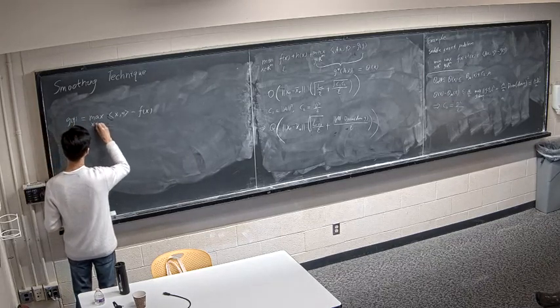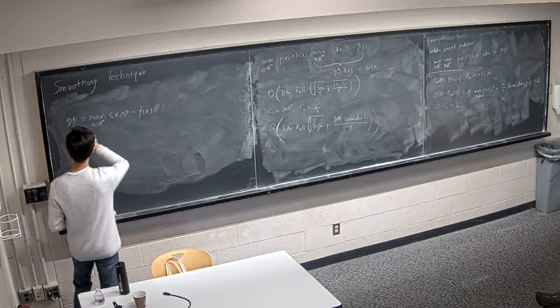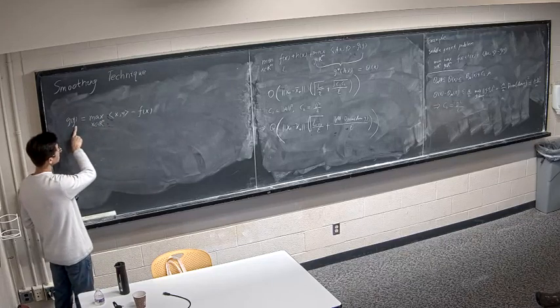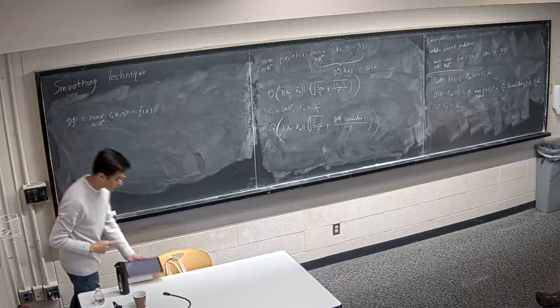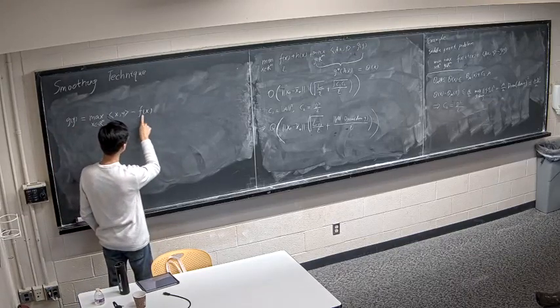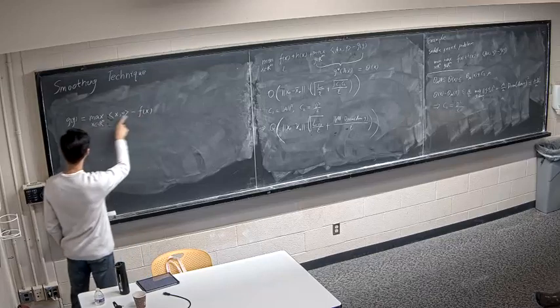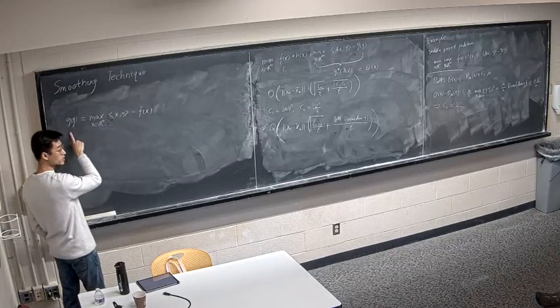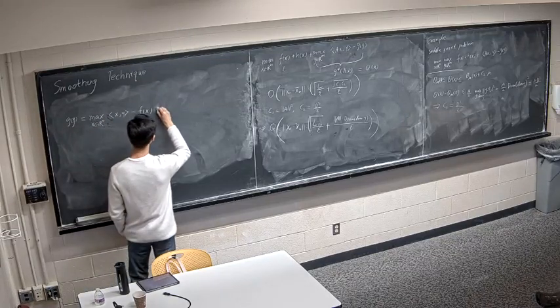G of y is a convex function, right? But we don't know whether it's smooth or not. The key idea in this example is to try to convexify this function so that the conjugate function will be smooth, right? That's the main idea.